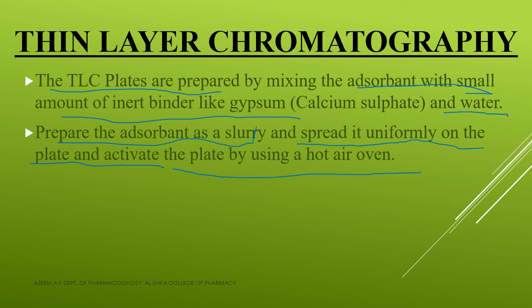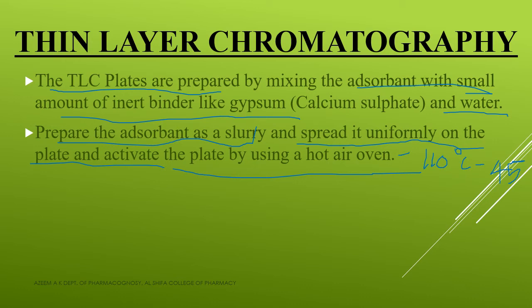Normally, activation means you keep the plate in a hot air oven and heat it at a temperature of 110 degrees Celsius for a period of around 45 minutes to 1 hour. Clear? So the TLC plates are prepared by mixing the adsorbent with a small amount of inert binder like gypsum as well as water.